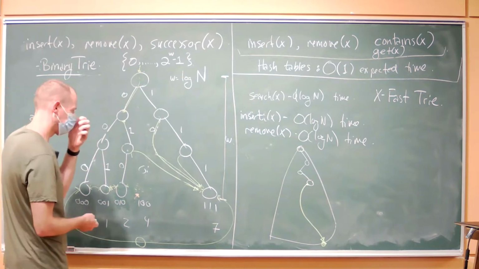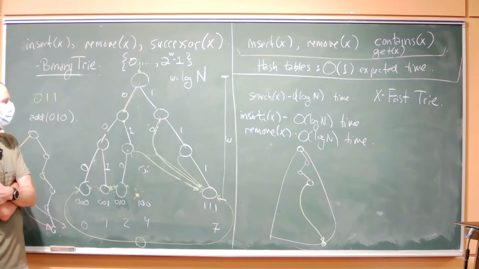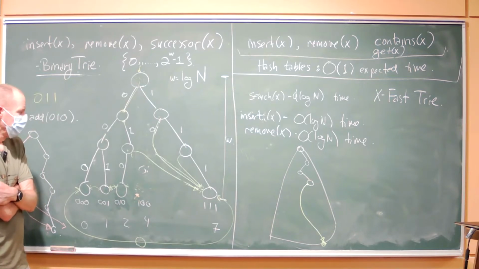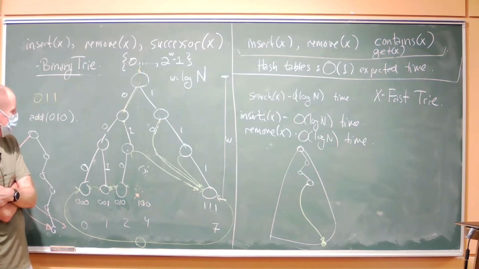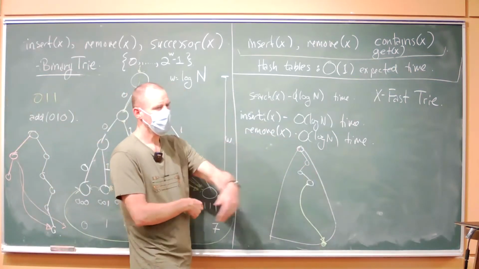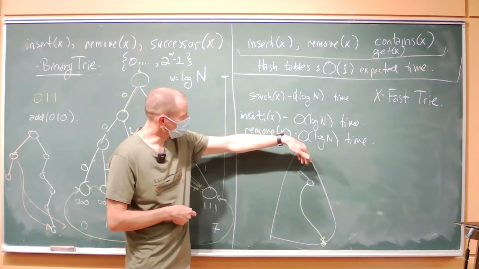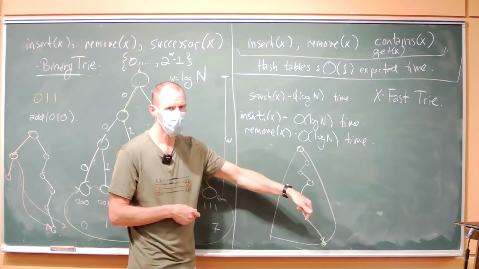In fact, what we would like is, well, right now, what's happening is we're finding the node where this happens, and the way we're finding it is by starting at the root and walking until we find it.